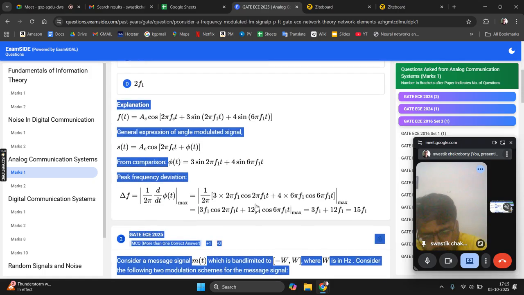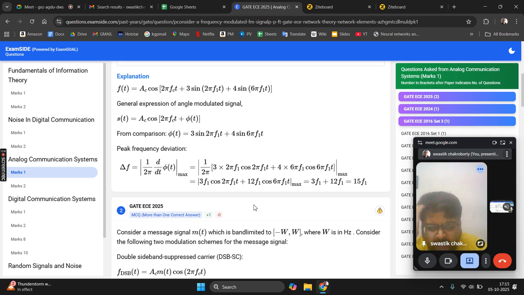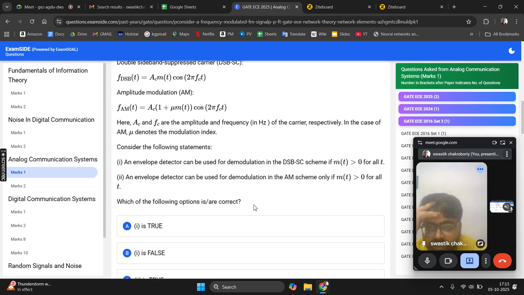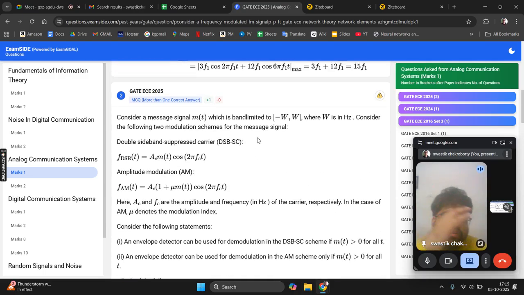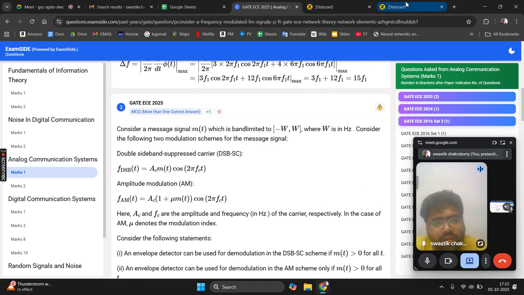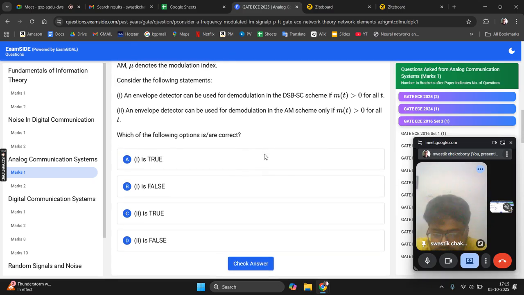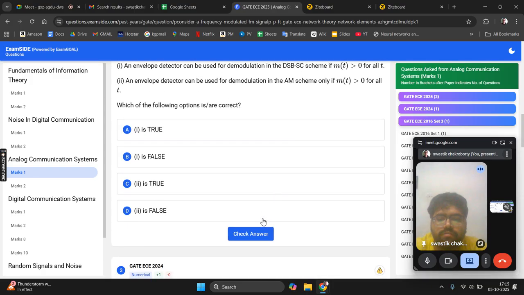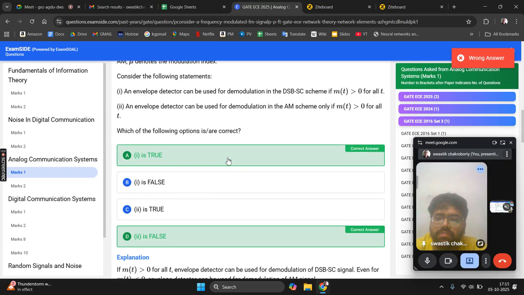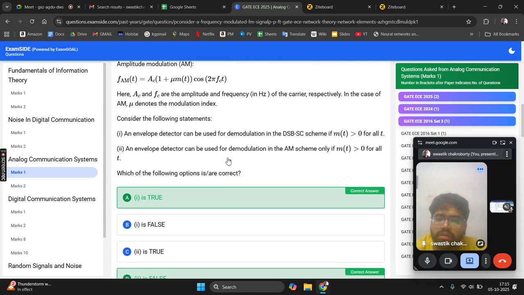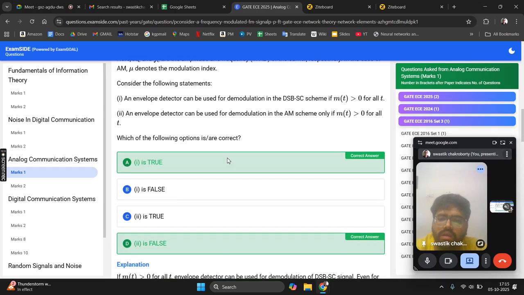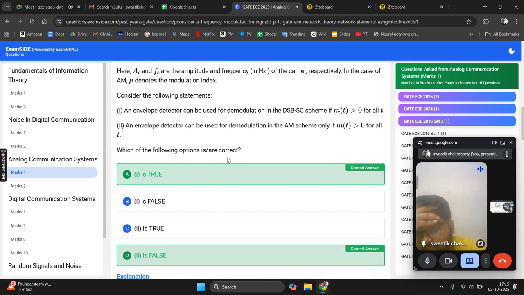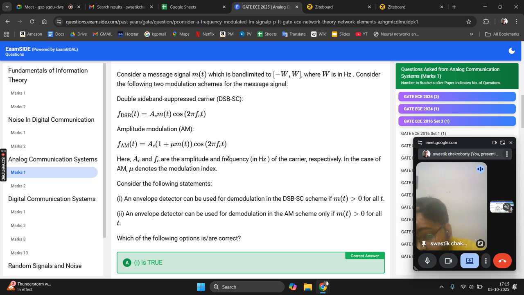Each of the following is true. Now we know amplitude modulation AM can always be detected by this envelope detector. So our only task is to determine whether DSB-SC can be detected.